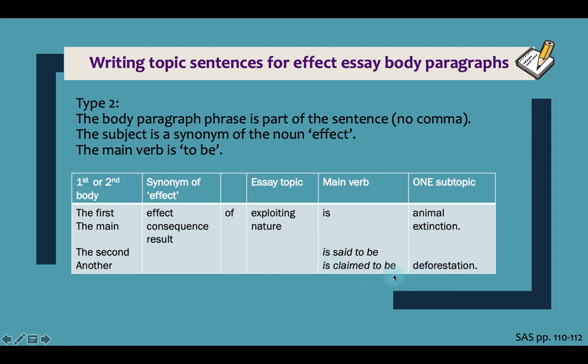Here are some other phrases that can be used. The second result of exploiting nature is said to be deforestation. And you can use these phrases if you are comfortable with them, if you can remember how they're used. But if it's difficult, just use the word is and it's fine.